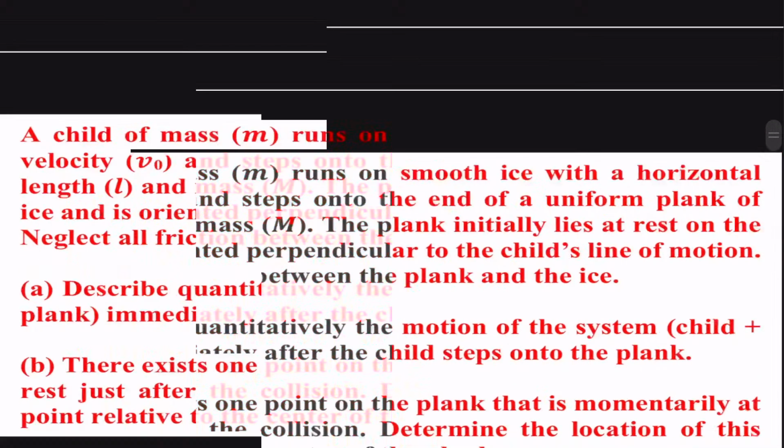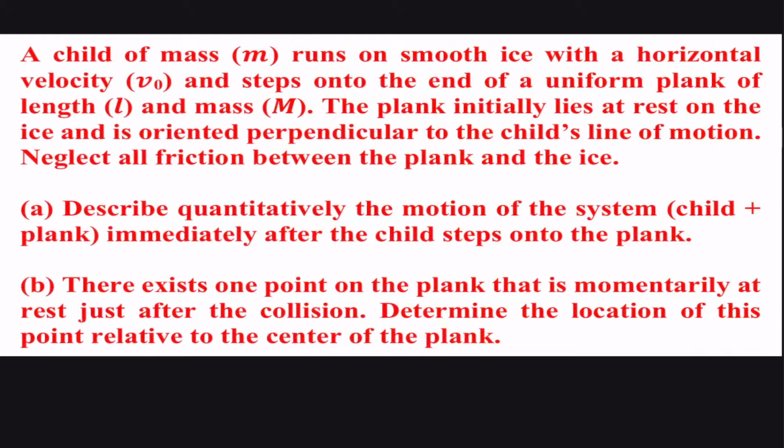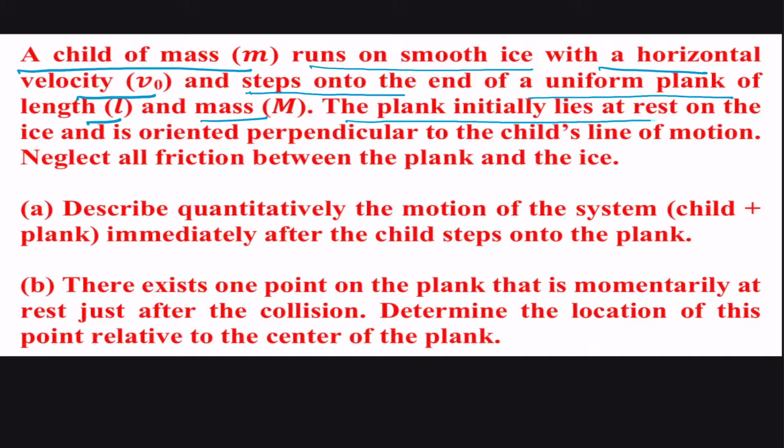Come to the next question. So the next question states that a child of mass m runs on smooth ice with a horizontal velocity v naught and steps on the end of a uniform plank of length L and mass M. The plank initially lies at rest on the ice and is oriented perpendicular to the child's line of motion.